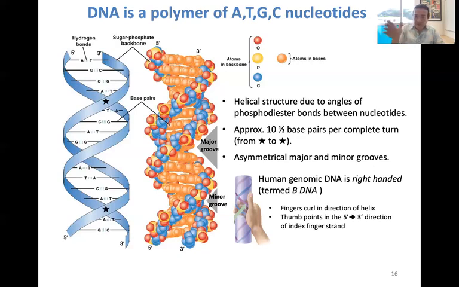So if your fingers curl in the direction that the spiral staircase is going, your thumb will point in the 5' to 3' direction of the strand that you're following. We also call this B-DNA. So B-DNA is right-handed DNA.